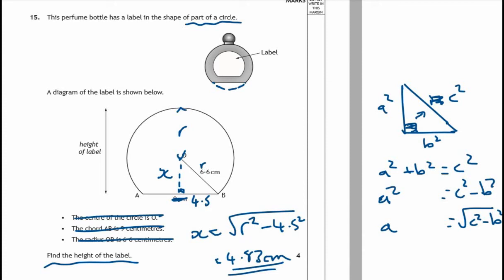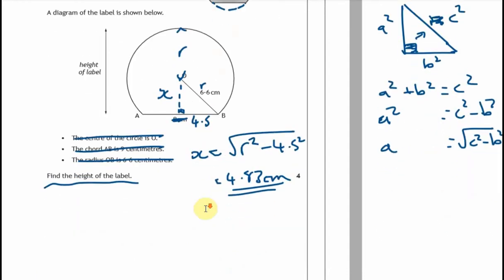I'm not sure if that's right just now, but what I do know is it's sensible. I know that the hypotenuse is 6.6, so it can't be bigger than that. The big mistake people make is they forget to do the square root, and they might end up with a massive number in here, like 18 or something like that. That would not make any real sense because it's bigger than the hypotenuse. So just think about that when you're doing it to begin with.